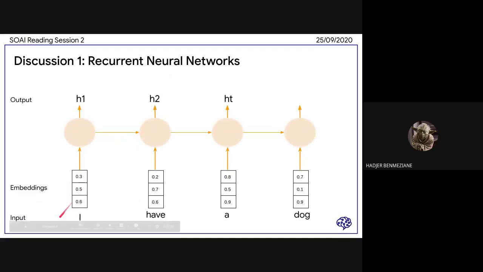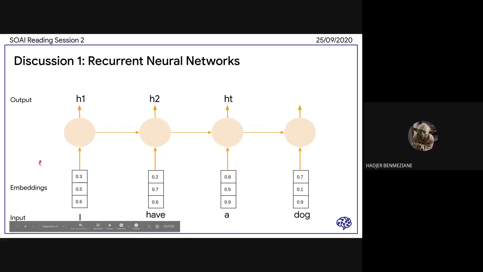So if we have a sentence, for example, I have a dog, the first thing to do is to embed, to transform the words in this sentence into vectors. Why? Because we cannot deal with letters or words, but we can deal with vectors and numbers pretty well.